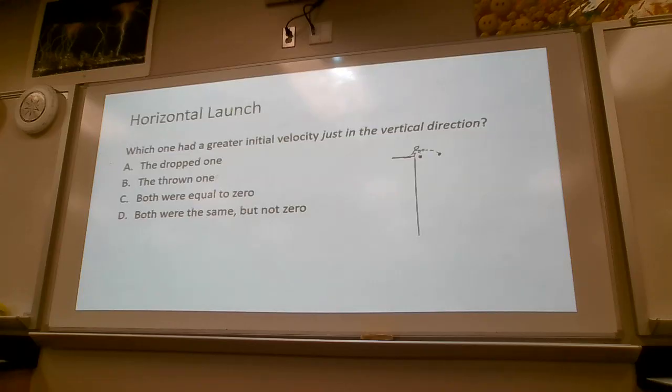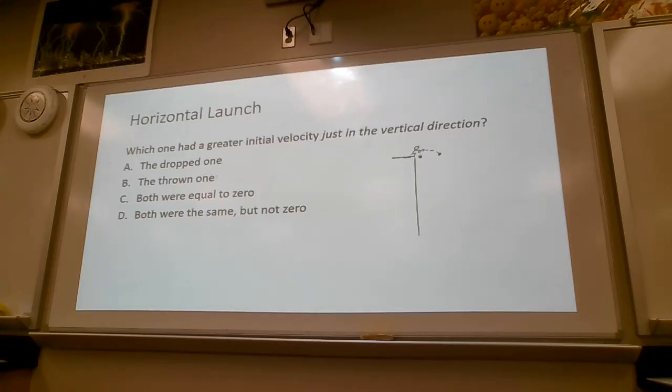Correct answer is C. Both are 0, but the one you threw is moving. Which way was it moving, though? Horizontally. How fast was it moving vertically? It wasn't. That distinction between how something's moving horizontally and how it's moving vertically is a really important brain muscle to exercise for this unit.